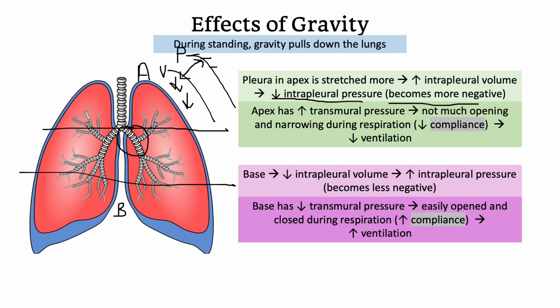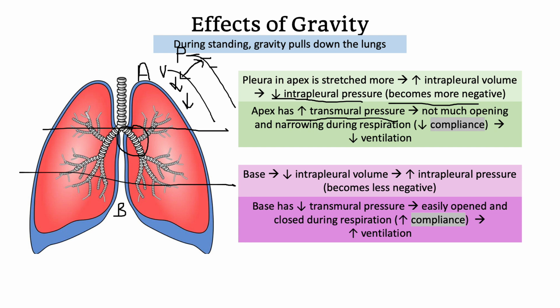The transmural pressure is higher in the apex. Remember, transmural pressure means alveolar pressure minus the intrapleural pressure. So it is becoming higher than the base. Okay.